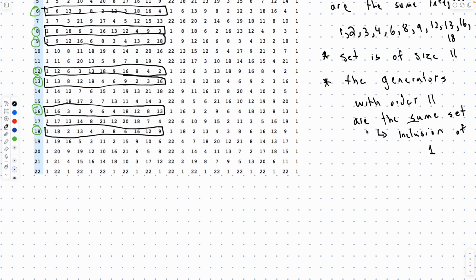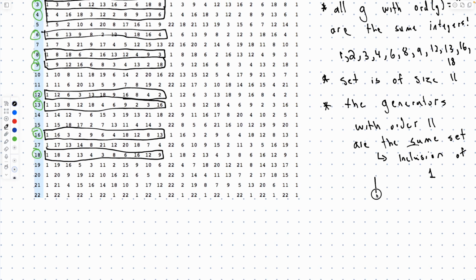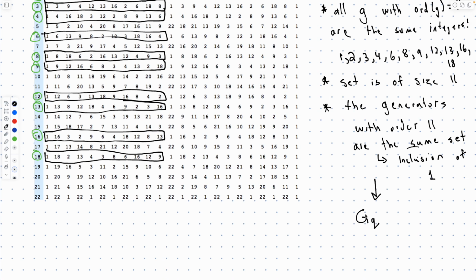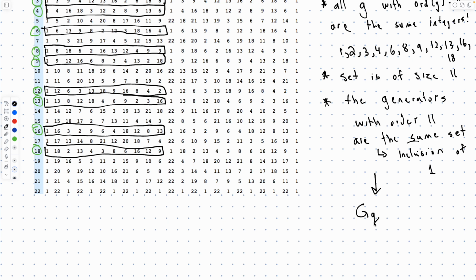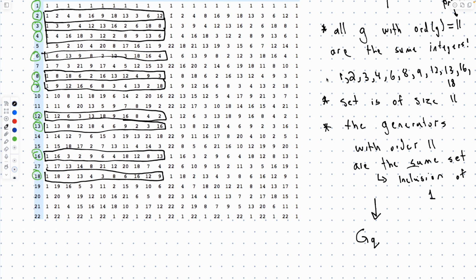Oh, by the way, before I do that, let me just say that this set of integers we call GQ. So that's the group that I was looking for. So I'm going to use that notation. So GQ is a group of 11 integers, and it's going to be specifically the group of these integers here.